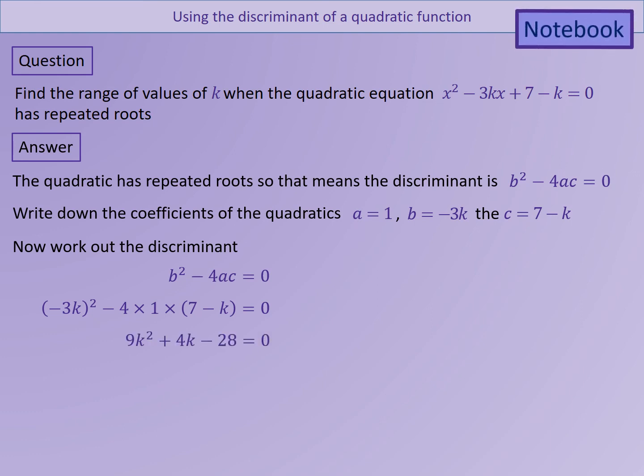If I work through the algebra, and you can do this for yourself, basically minus 3k all squared is 9k squared. Then we've got minus 4 times 1 times 7, which is minus 28. And we've got minus 4 times 1 times minus k, which is where the plus 4k comes from.